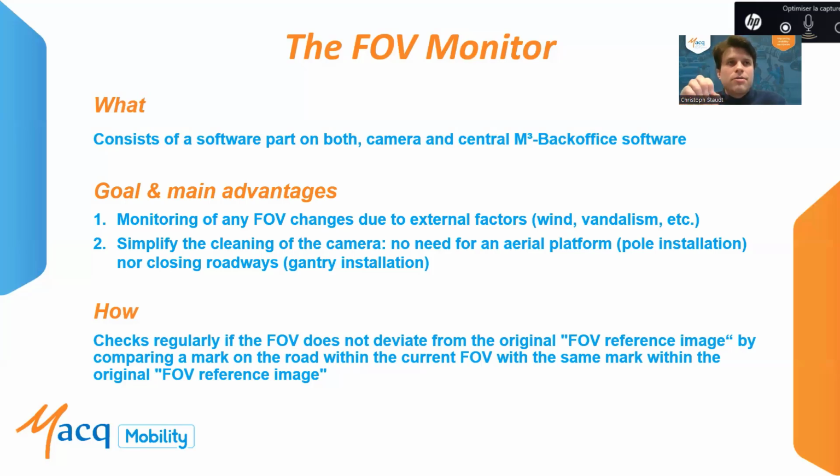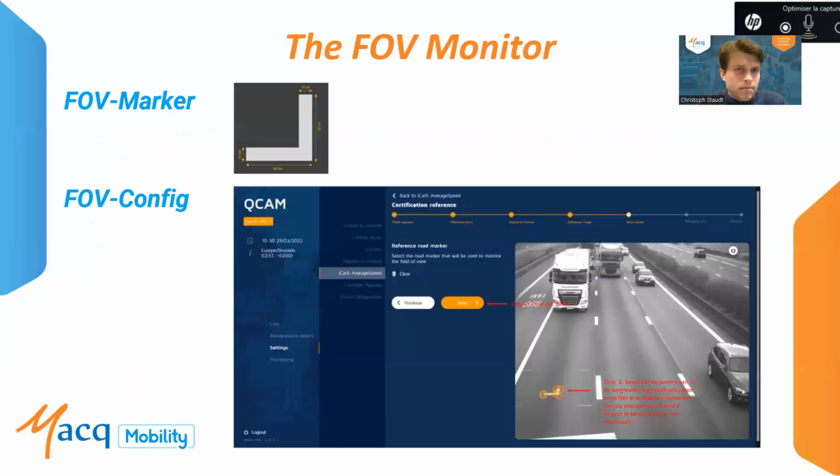This mark in the reference image is always compared to the current mark on the ground when it is checked. And if it's not aligned anymore, so that means there's a geographical deviation, then the solution detects that there is indeed a change of the field of view of the camera.